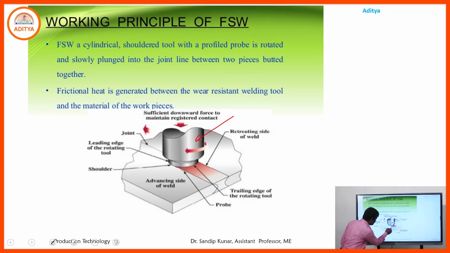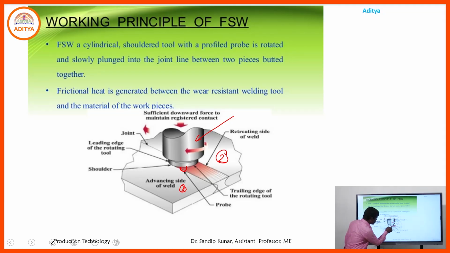This probe on the cylindrical tool is rotated and slowly plunged into the joint line between two pieces butted together. Here we have kept two parts, part 1 and part 2, and one probe is there, and the tool is rotated.